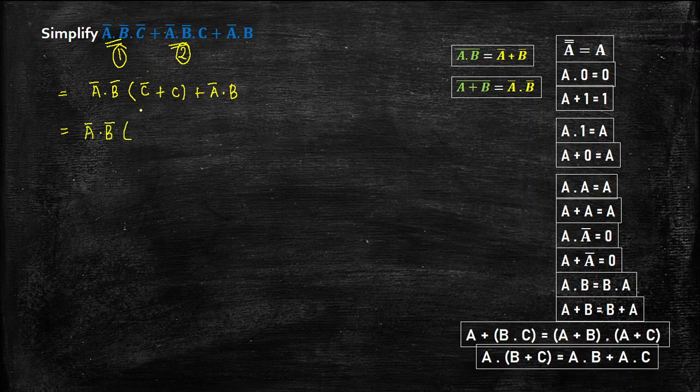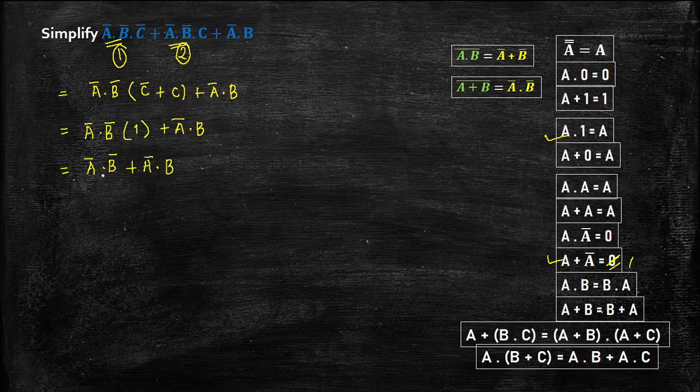Now what will happen to c complement plus c? C complement plus c will obviously not be 0 in this case, guys. This will be 1. So this will be a complement dot b complement into 1, plus a complement dot b.